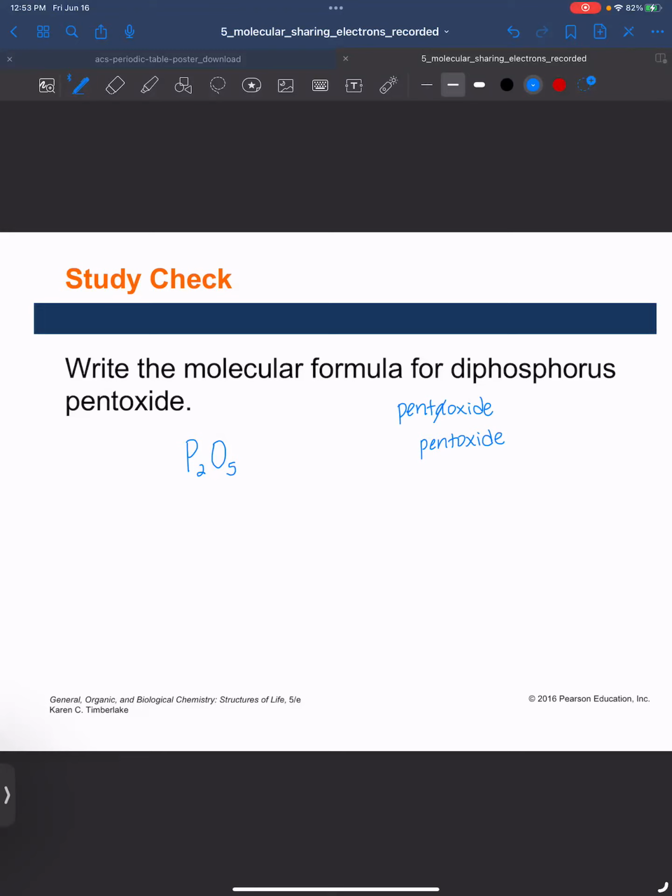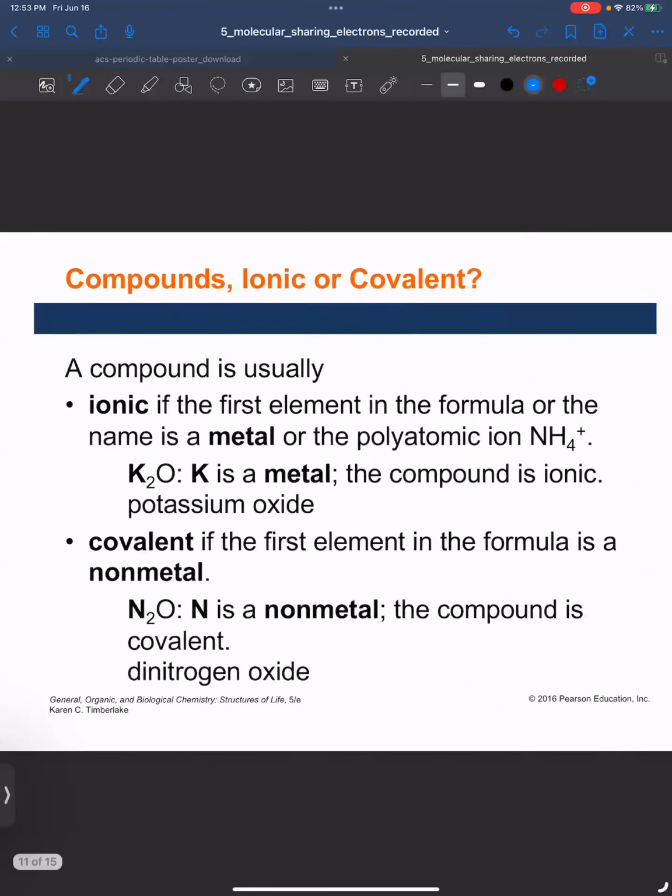All right, let's bring our knowledge from the previous video and our knowledge we just learned in this video together in order to name compounds, whether they're ionic or covalent, because there are two different naming systems for ionic and covalent compounds. So first, you'll need to identify if a compound is ionic versus covalent or molecular.